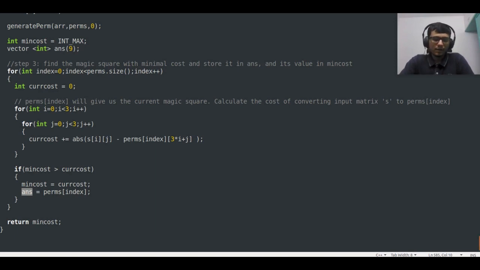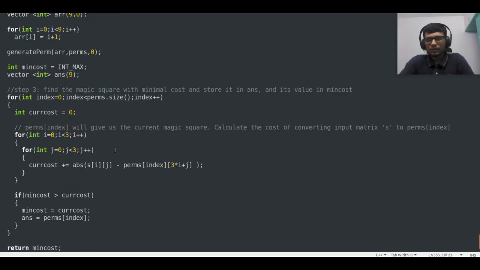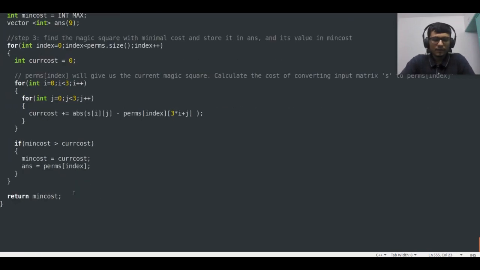Since in this problem we just want to return the value, we'll return min cost. Okay, so that is how this function forming magic square looks. That's all for this video, and I'll end this video here.